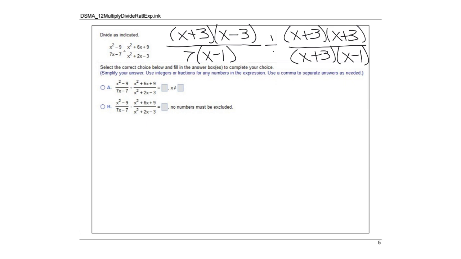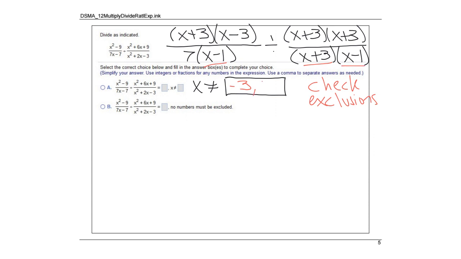Okay, so before I do my keep change flip, I have to go ahead and look for my exclusions. So from here I have -3. From here and here, both of them, I get a +1. Right? So those are, so far, the two numbers that would cause my denominator to equal 0 and give me an undefined expression.